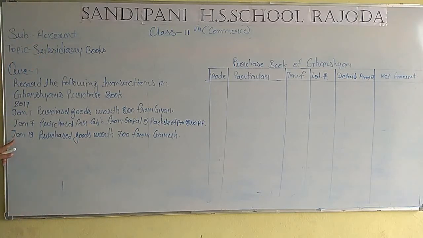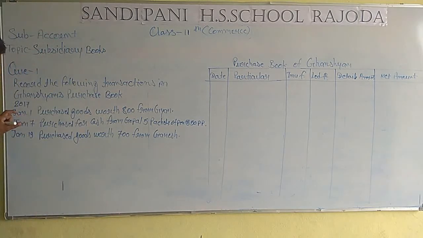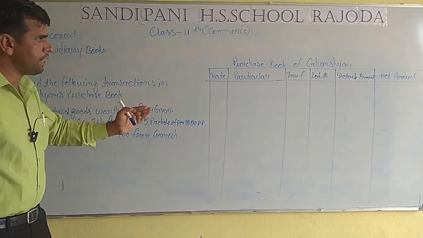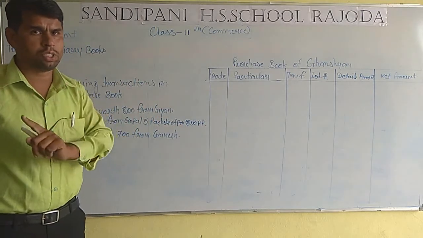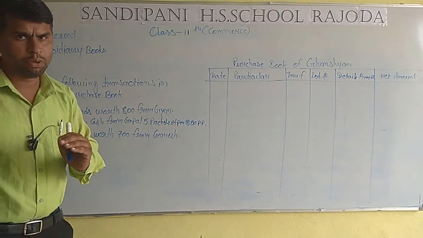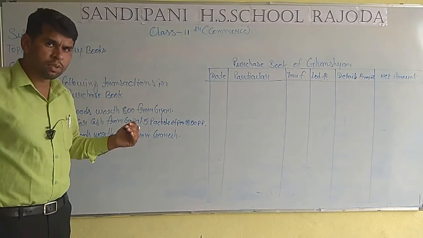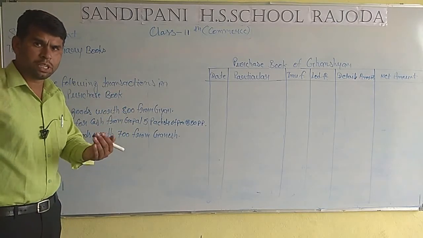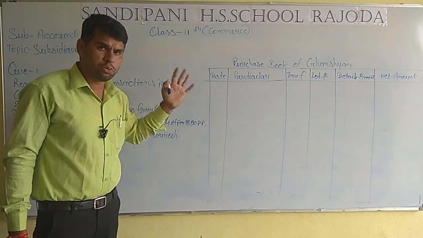Then January 19, purchased goods worth rupees 700 from Ganesh. Now I have taught you which transactions we will write in the purchase book: only credit purchase of goods. If the businessman purchased goods on credit basis, we will write it in the purchase book.